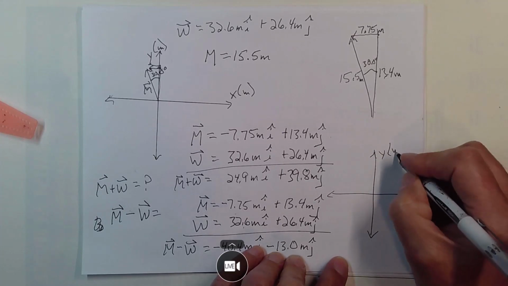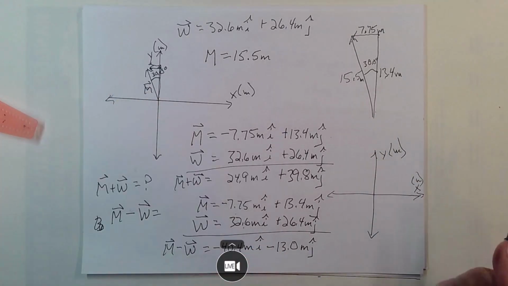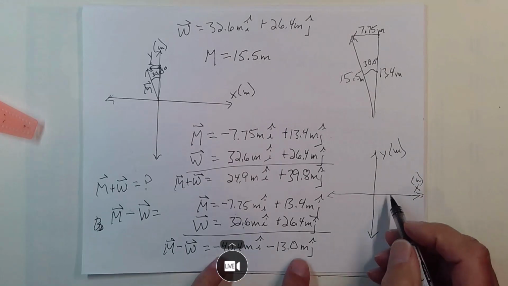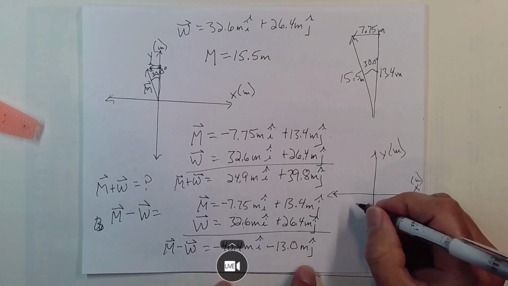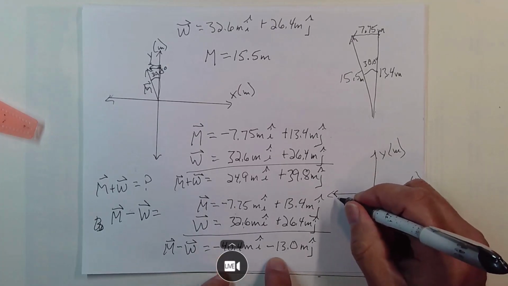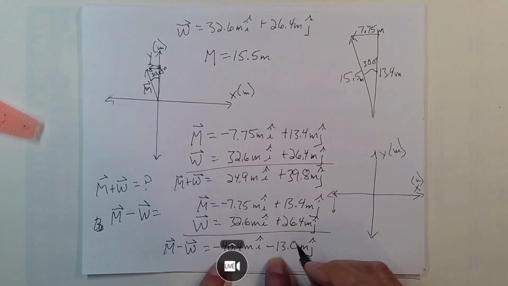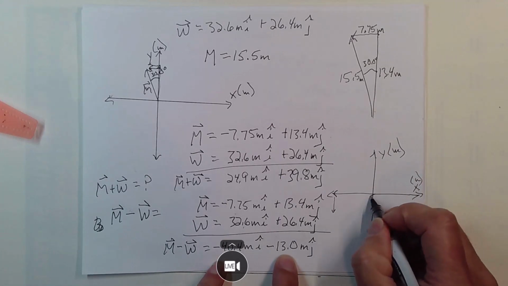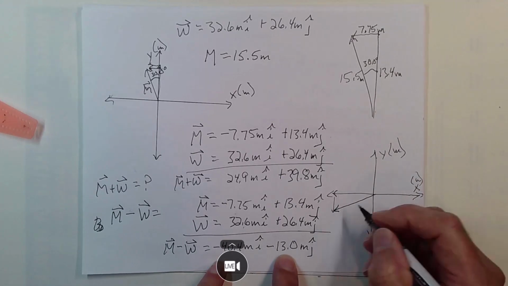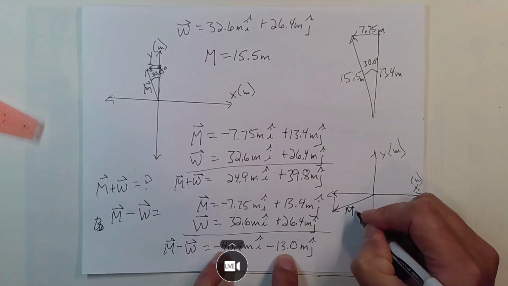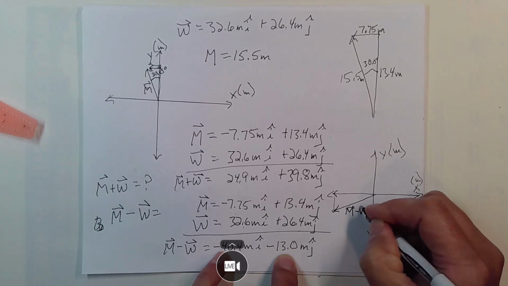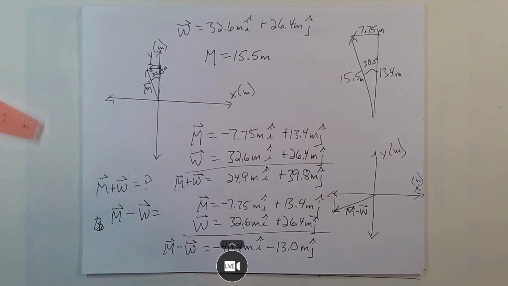I don't have a decent set of diagrams here, but it'll be a long ways out in the x direction, and then down about a third of that, both components are negative, about a third of that down in this direction, and this is the direction of m minus w. We just figured out what that happens to be.